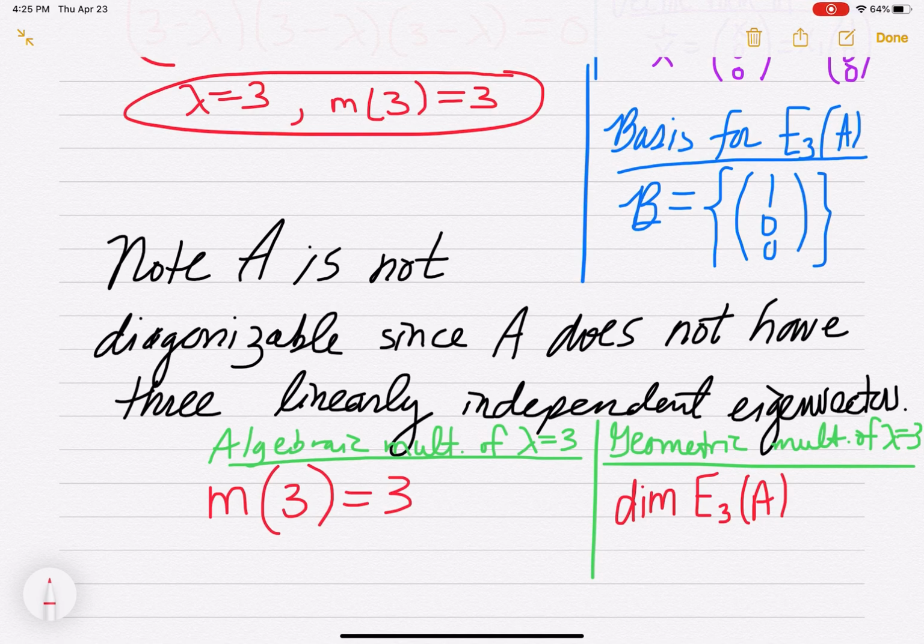So these would have to be the same. What's the dimension of the eigenspace? It's 1, right? There's just only one basis vector for it. So in order to have diagonalizability, all the algebraic multiplicities for every eigenvalue have to be the same as the geometric multiplicities. And notice that these are not the same, right? That's another way to state it. But that's actually equivalent to saying that you don't have all the linearly independent eigenvectors you need, right?